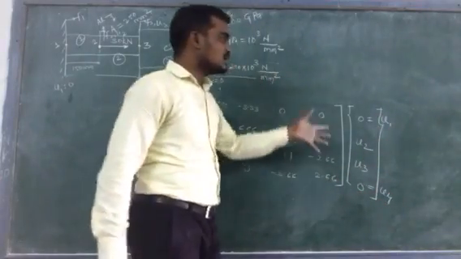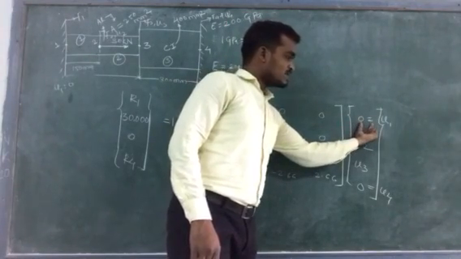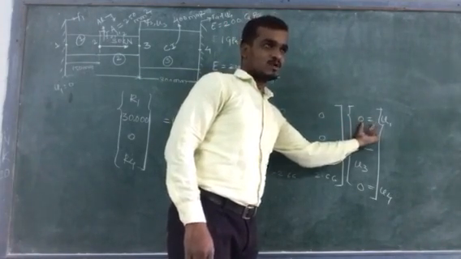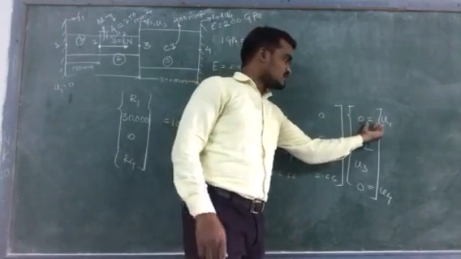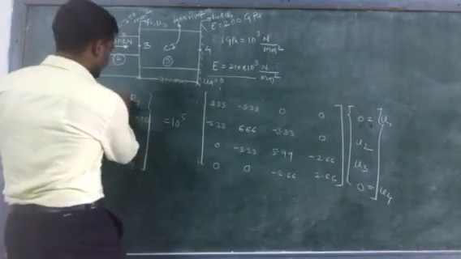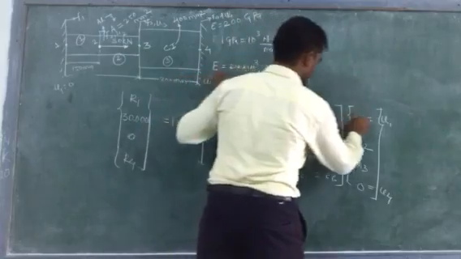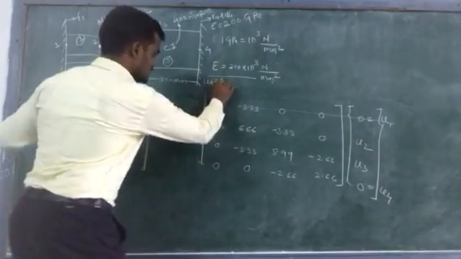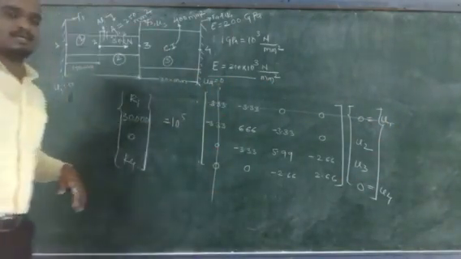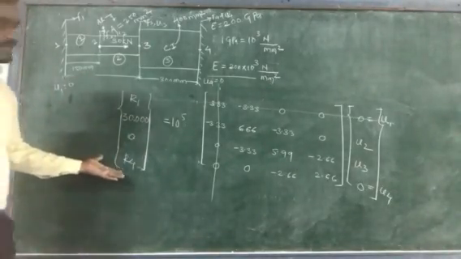So from this we will eliminate the U1 row as well as the U1 column, means first row and first column, as U1 is equal to 0. Then next, where is the displacement 0 in the RHS?